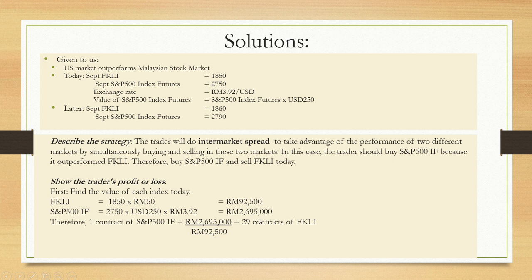So maksudnya we need 29 contracts of FKLI to be equal to one contract of S&P 500. Is it clear? Okay. Alright, kalau saya tersasul-sasul tu minta maaf, tengok yang figure. Kadang-kadang mulut dengan figure tu tak sama, terlari sikit. Sorry. Okay, I truly apologize.